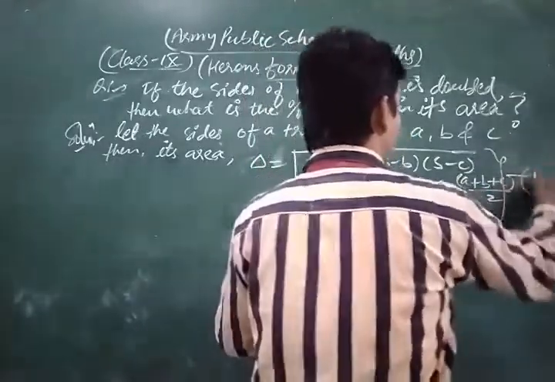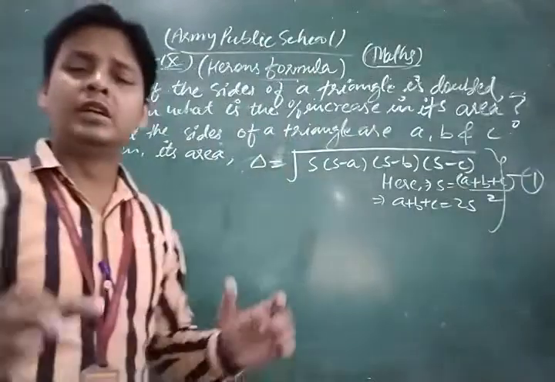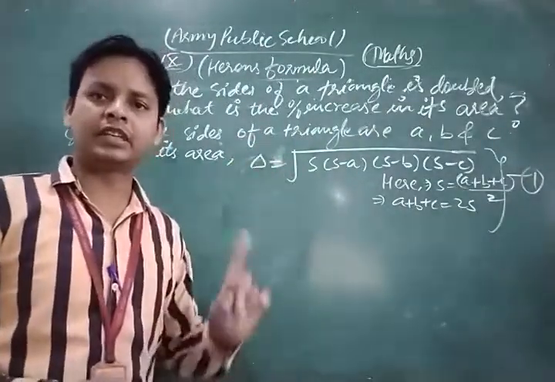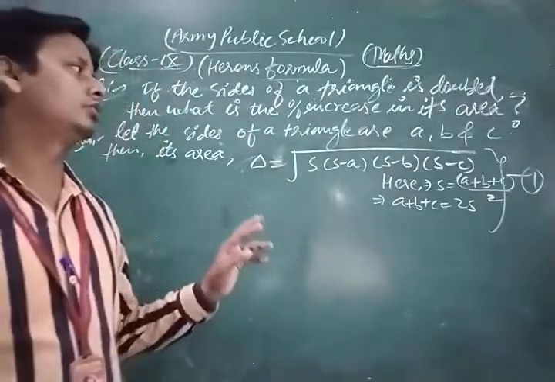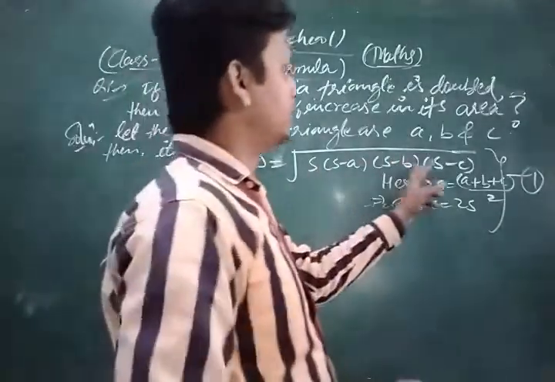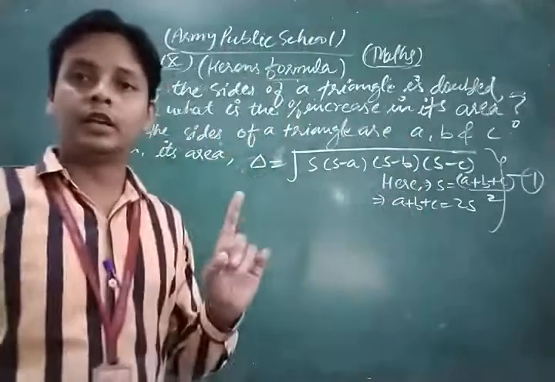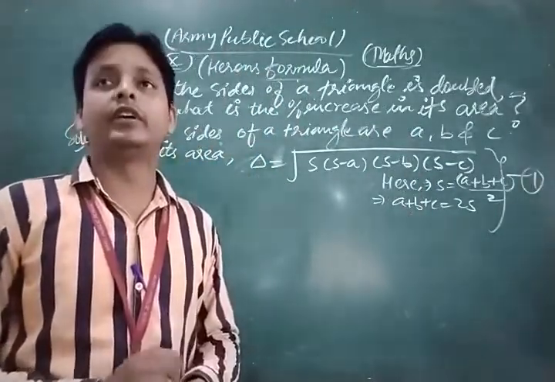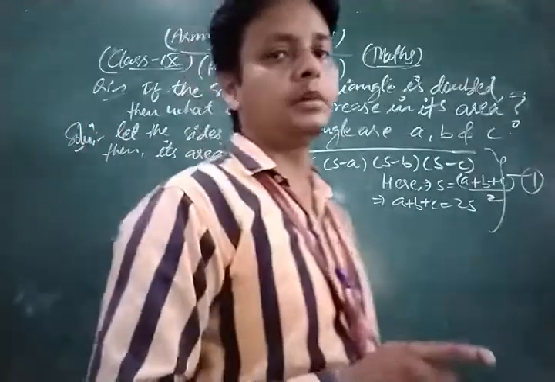We take this as equation number 1. Means initially the area of the given triangle is root of S into S minus A, S minus B, S minus C.